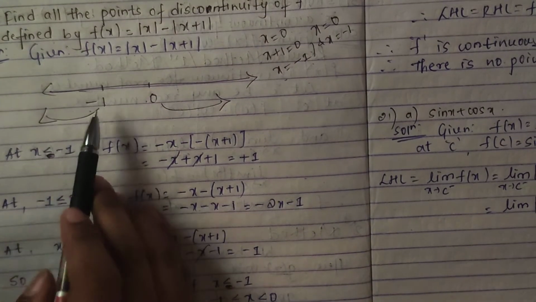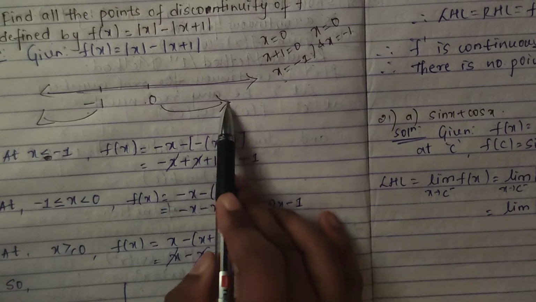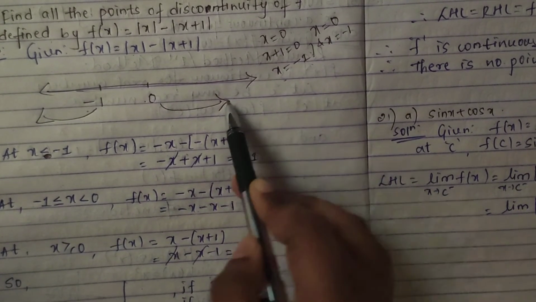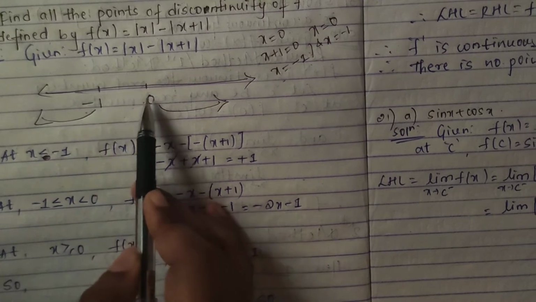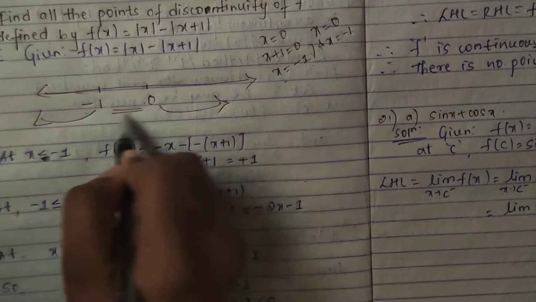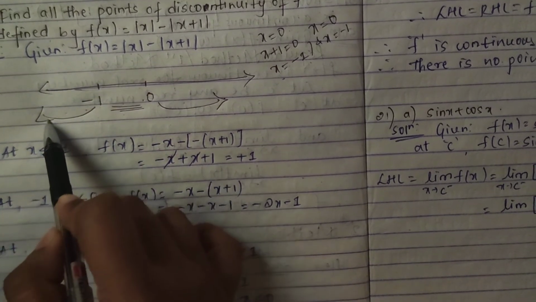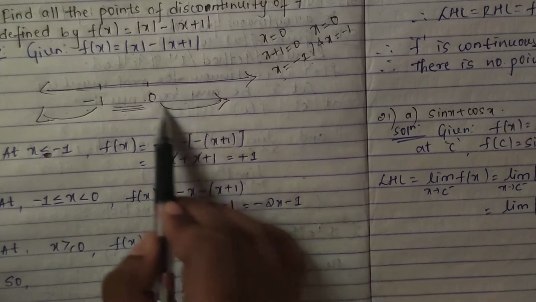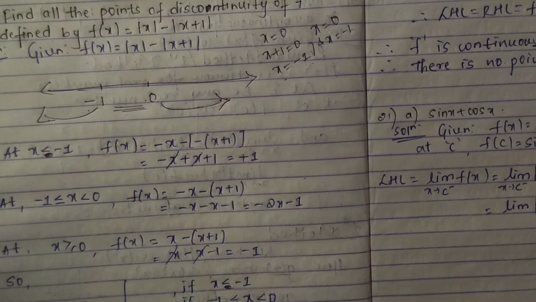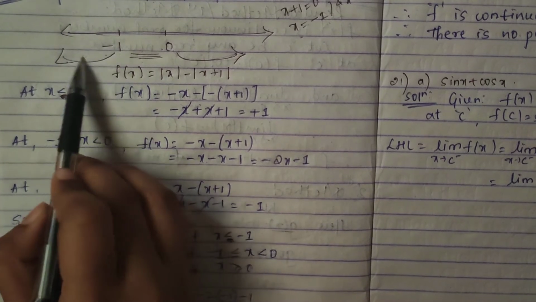One is x less than minus 1, second is x greater than or equal to 0, and the other part lies between minus 1 and 0. So we get 3 conditions. First we'll see x less than minus 1.